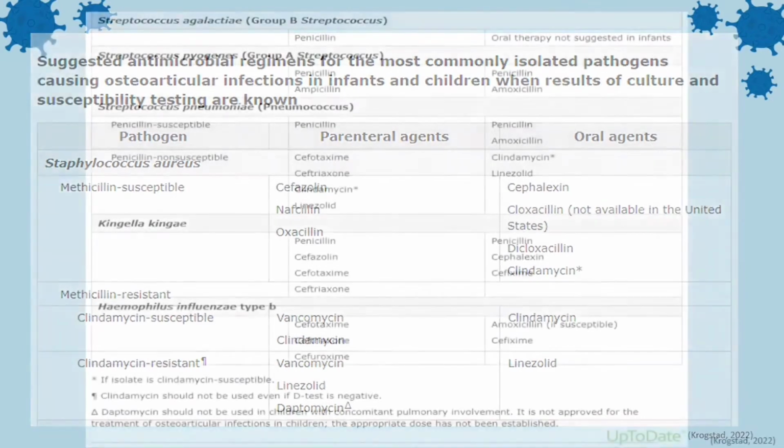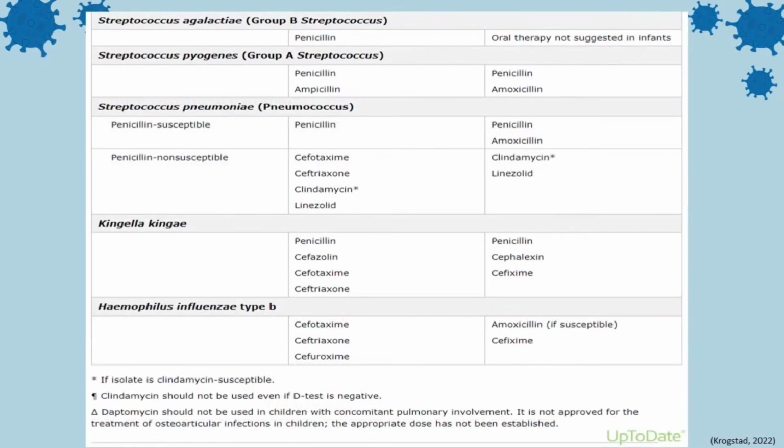Under Group B Streptococcus, like S. agalactiae, penicillin through parenteral is the only route since oral therapy is not suggested in infants. Under Group A Streptococcus, like S. pyogenes, penicillin or ampicillin through parenteral is suggested while the oral counterpart is penicillin or amoxicillin.